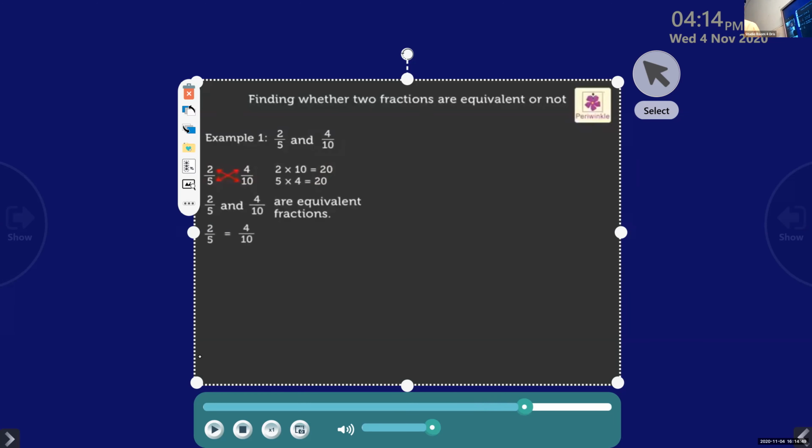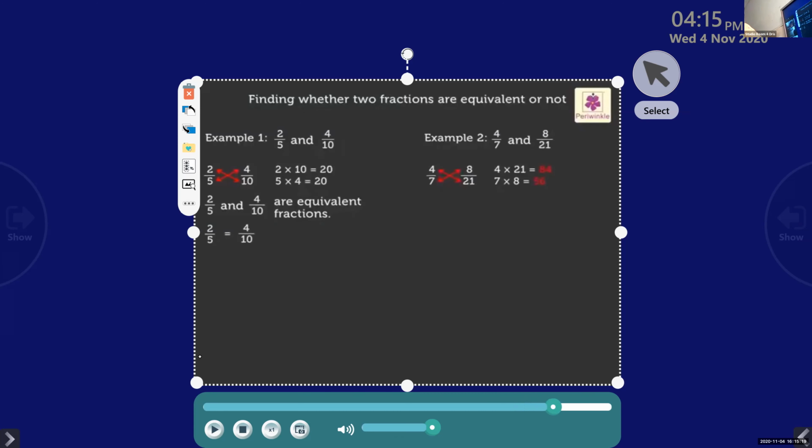Now, let us see another example. 4 upon 7 and 8 upon 21. Here, on cross multiplying the numbers, we get 4 into 21 is equal to 84 and 7 into 8 is equal to 56. Here, both the products are different.